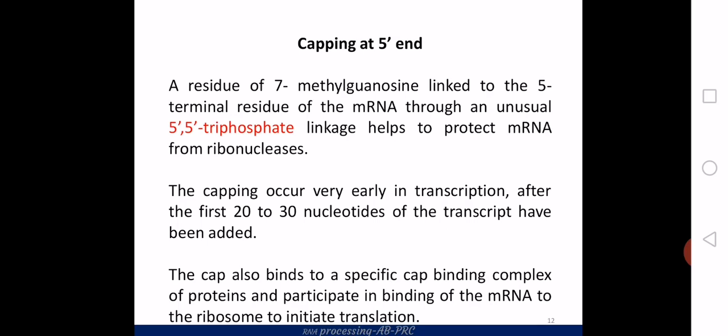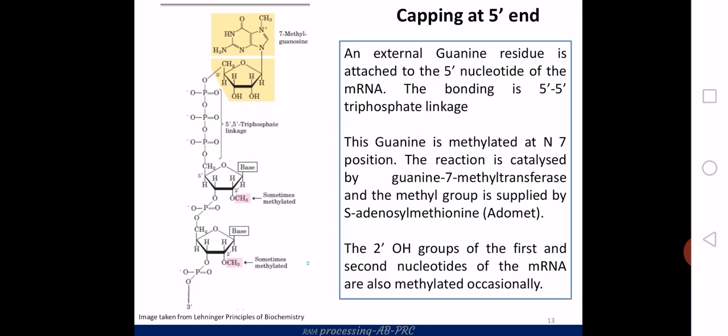And this capping usually occurs through a multi-step process, and you can see the structure of the 7-methyl guanosine. This is nothing but a modified base of guanine. There is addition of a methyl group at the 7th position, and this 7-methyl guanosine will form a special unusual bonding with the 5' end of the mRNA.